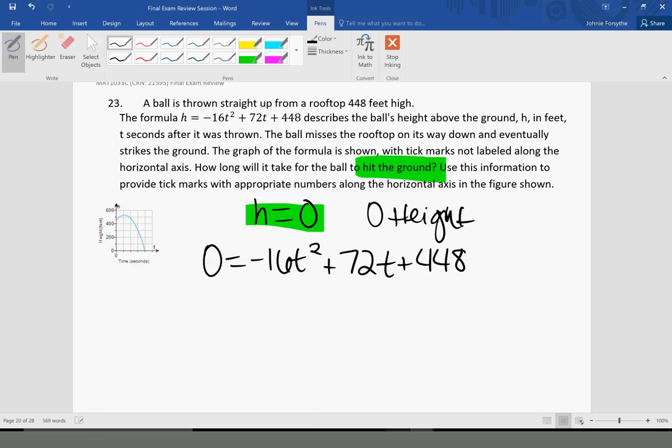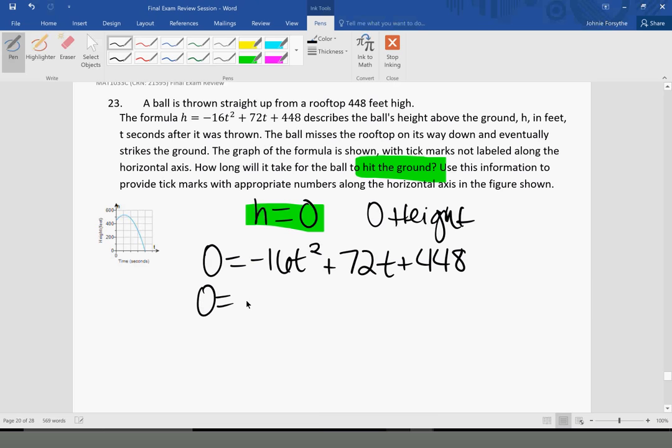So let's check for a GCF. Let's see if maybe 16 can divide into both of these. So 16 cannot go into 72. What about 8? Let's try 8. Okay, 8 can divide into 72. What about 448? All right, that's our ticket. So the GCF is going to be 8.